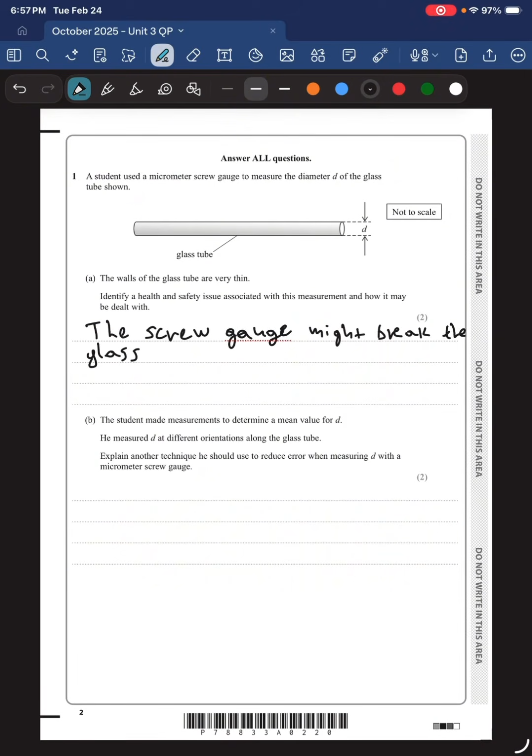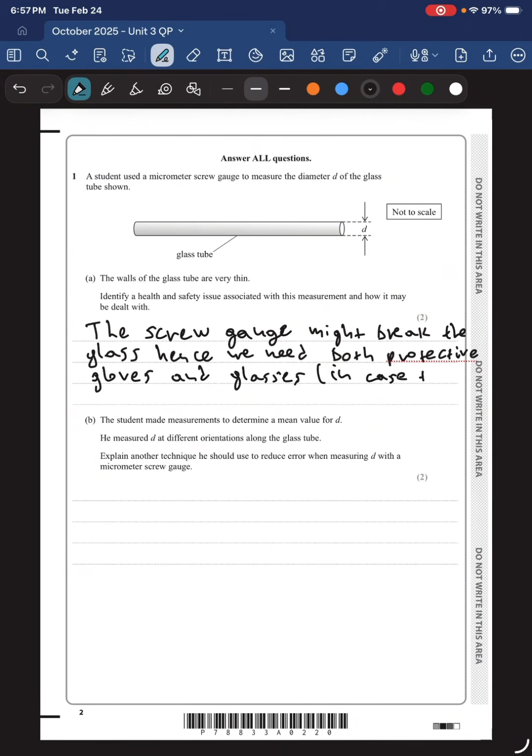Hence we need both protective gloves and glasses, in case the shattered glass goes into our eyes.